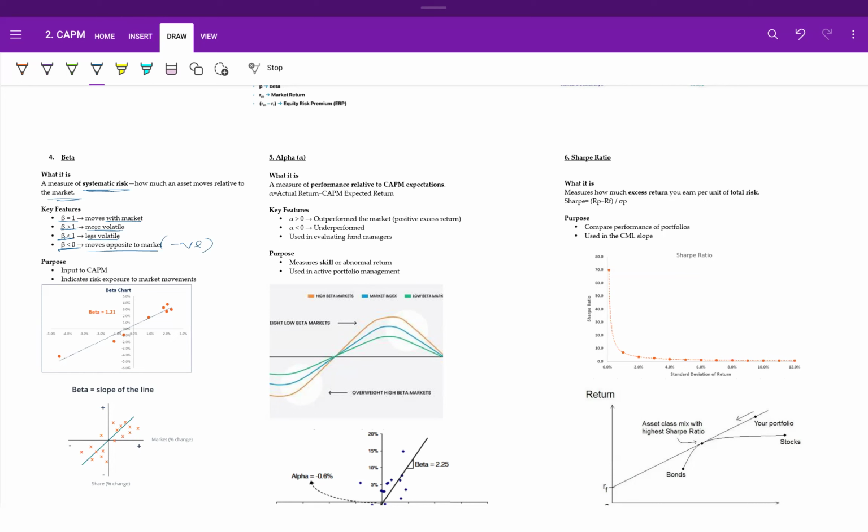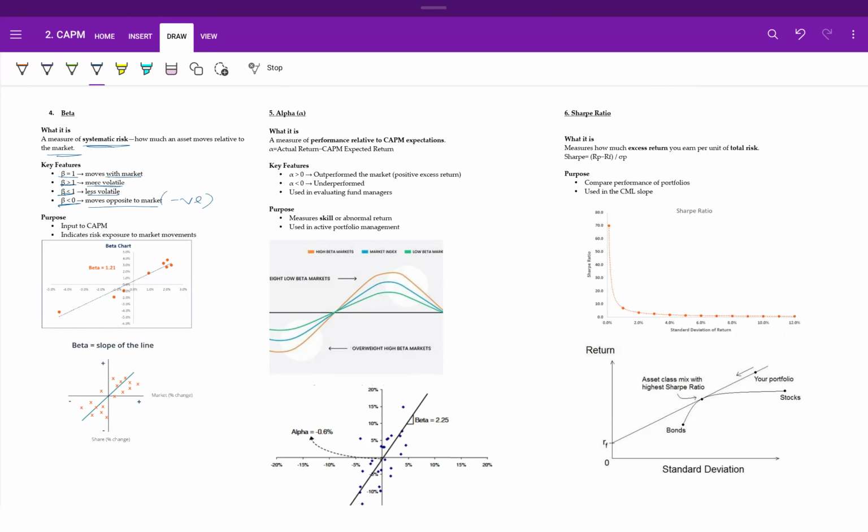Okay, we have discussed beta. Now let's talk about alpha. Alpha is performance relative to capital asset pricing model expectations. Let's assume the actual return was 15% and our CAPM expected return was 10%.